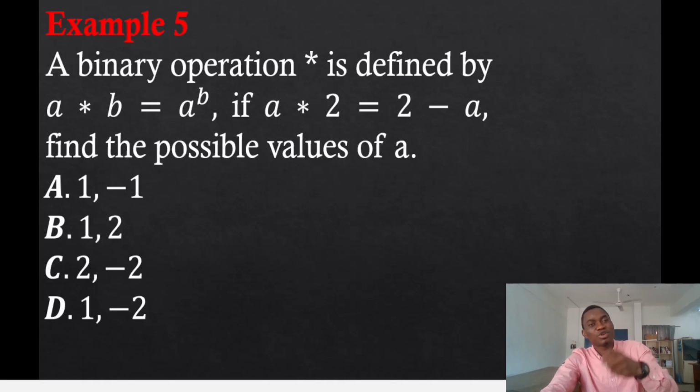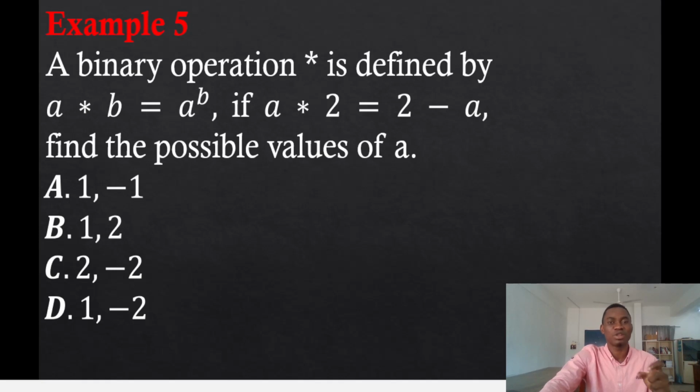Follow the promptings from the formula. Okay? Because every formula or every rule always suggests or always tells you what to do. And you are only combining 2 elements at a time. At a particular time, you are not going to combine more than 2 elements.